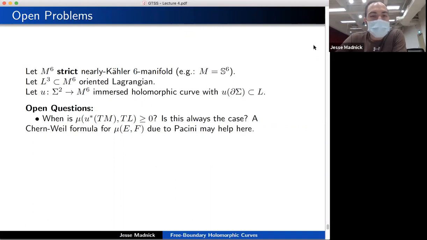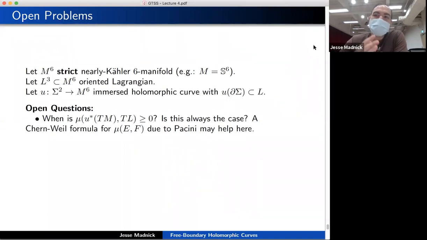There are some obvious open questions, due to the fact that this theorem C is unfortunately not quite satisfactory in some respects. So, for instance, when is the boundary Maslov index non-negative? This is probably true a lot of the time, but it would be good to know. There's a beautiful Chern-Weil formula for the boundary Maslov index, due to Tommaso Piccini somewhat recently, that may help.